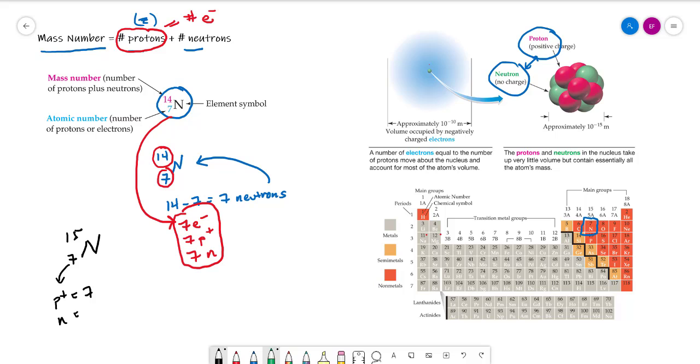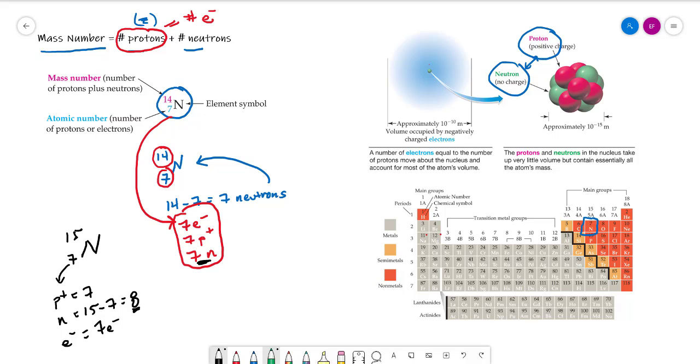Neutrons then is going to be 15 minus 7, which means that we have 8 of those, which is different than the 7 that we had up here. Because this is neutral, we can then state that this also has 7 electrons. And so you can see that this nitrogen atom and this nitrogen atom have the same number of protons, same number of electrons, but 1 extra neutron.